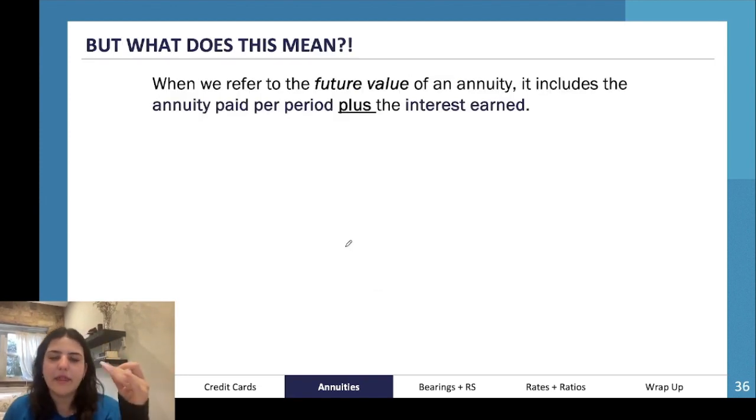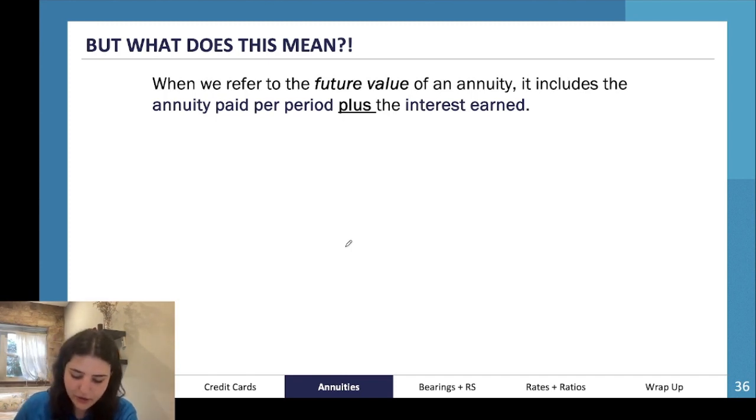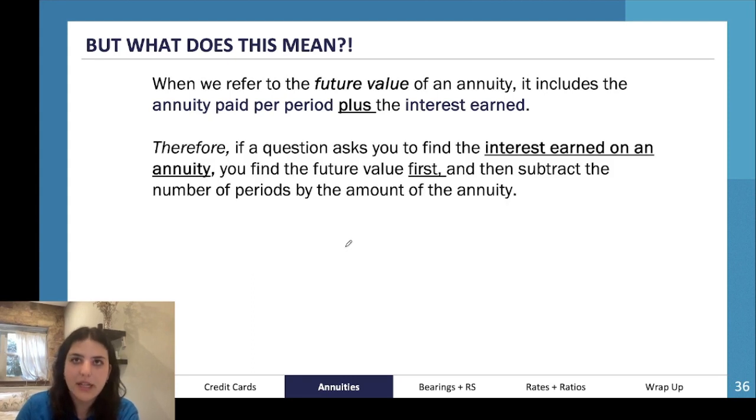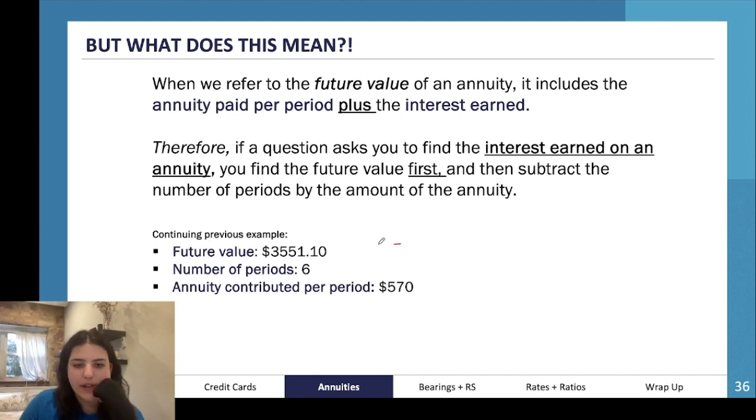Okay. What does this mean? This is including the annuity paid per period, so all 6 $570 installments. So we paid $570 6 times, plus the interest earned. So if the question said, hey, but what was the interest earned on the annuity, not the actual total value of the annuity, you would find this future value.